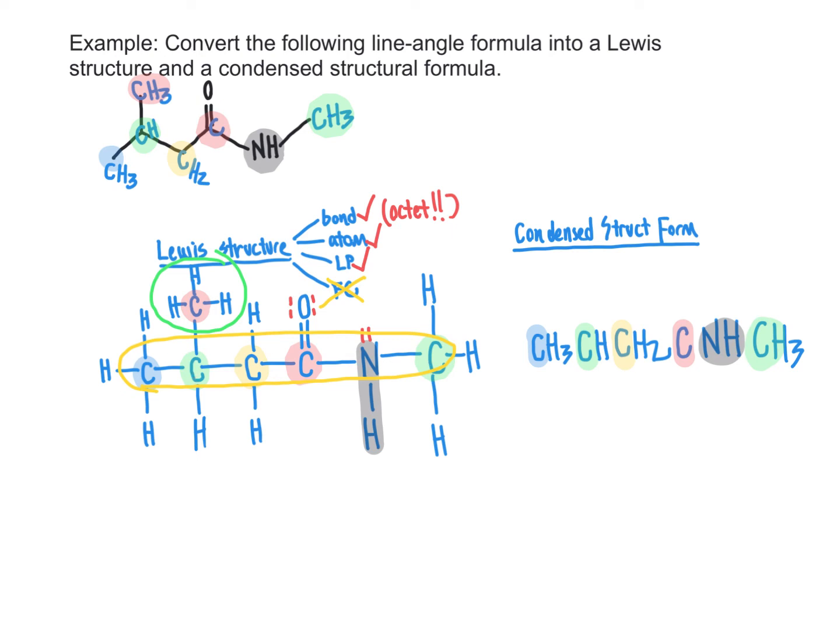How we deal with that is we recognize that that branch that comes off of this chain and circled in yellow is coming off, in this case, in the upward direction. We could show it in the upward direction as a line coming off of our condensed structural formula at that point. So the second carbon in the chain here, the green carbon, if we're counting from left to right, the green carbon right here is the one that has that CH3 coming off of it.